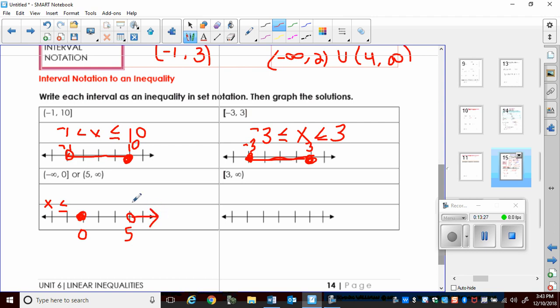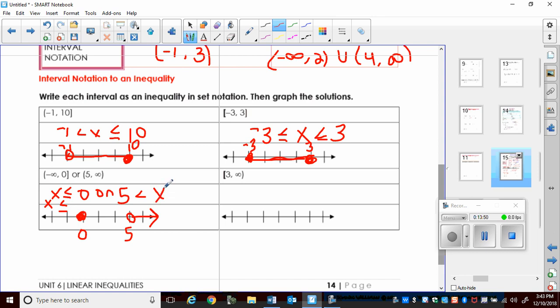And all of these x values are greater than 5. So I have 2 set notations. I have x is less than or equal to 0, or 5 is less than x.